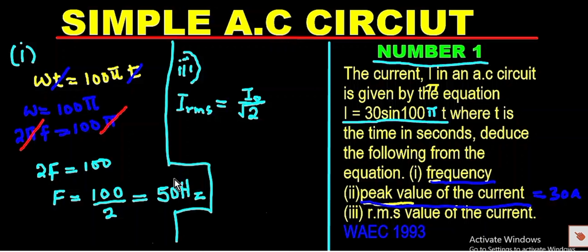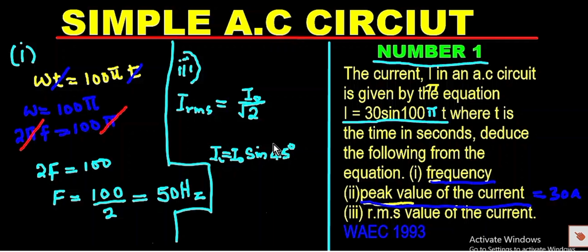So what I'm saying is, remember the equation I wrote. If I have this current, this is the instantaneous current, is equal to this sine 45 degrees.